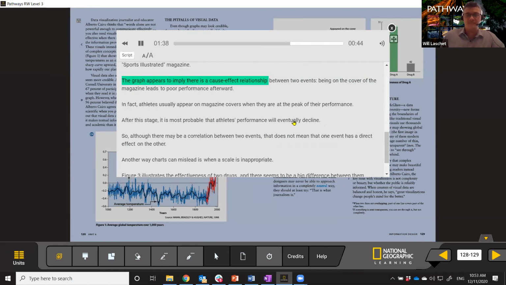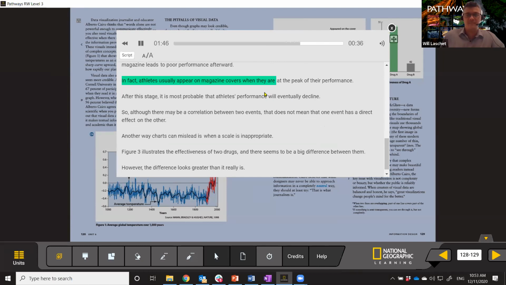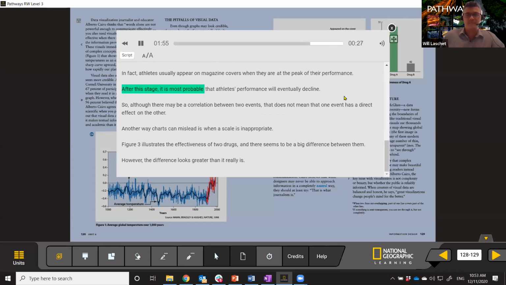The graph appears to imply there is a cause-effect relationship between two events. Being on the cover of the magazine leads to poor performance afterward. In fact, athletes usually appear on magazine covers when they are at the peak of their performance. After this stage, it is most probable that athletes' performance will eventually decline.